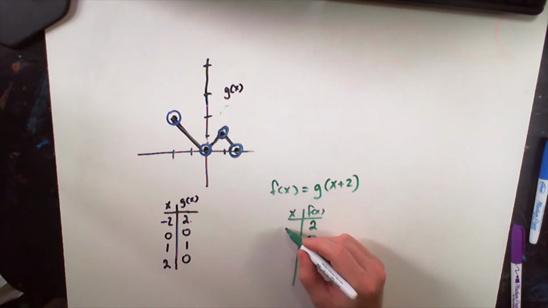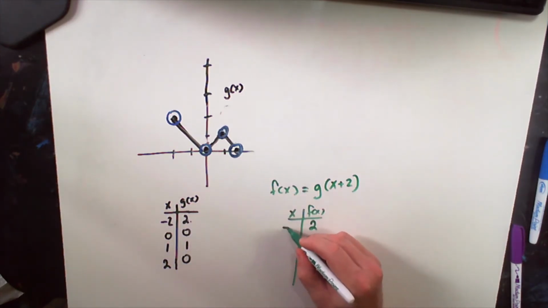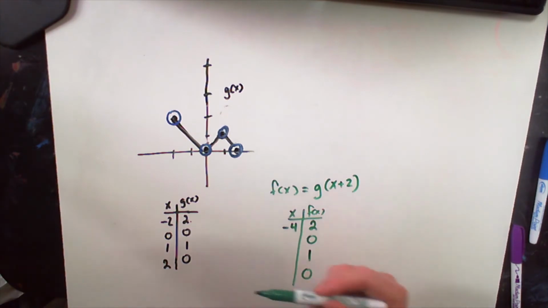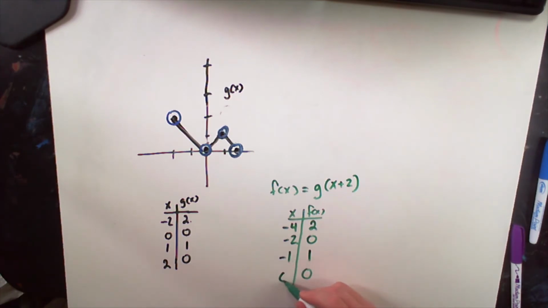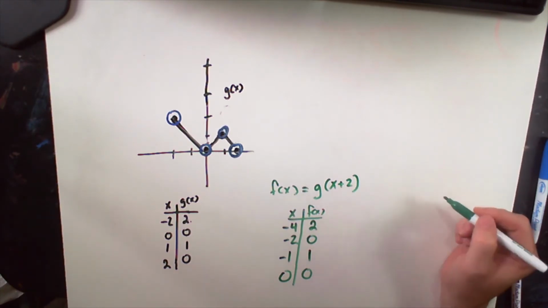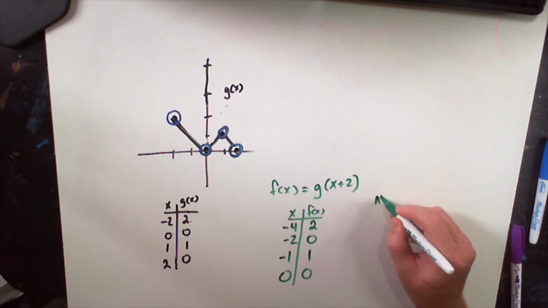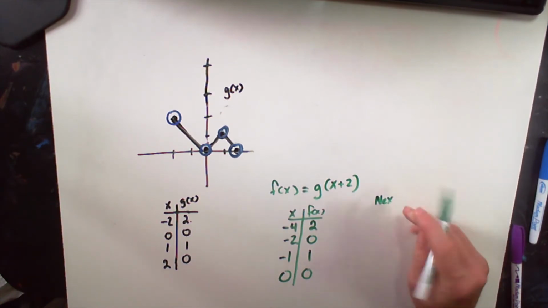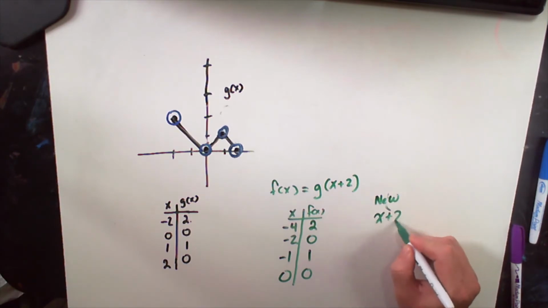So we know that if I take negative 2, shift it to the left, that'll be negative 4. 0 shifted 2 to the left will be negative 2. 1 shifted would be negative 1, and 0. Now, the other way you can look at that is new x versus old x, right? So my new value is x plus 2.